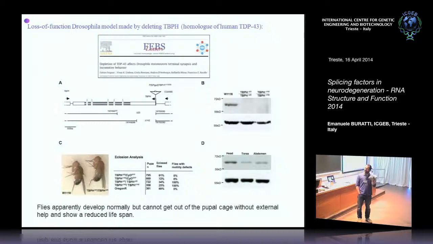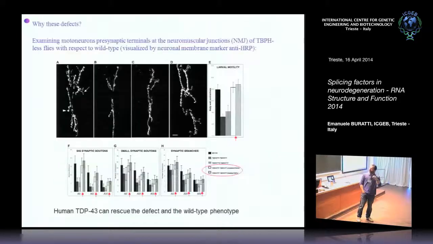From the phenotypic point of view, the flies that were not expressing TDP-43 were actually physically not very different from the wild-type flies. But what was very different, and this is what gave us good hope of actually modeling the disease, was that there were a lot of defects at the level of the motor neuron neuromuscular junctions.